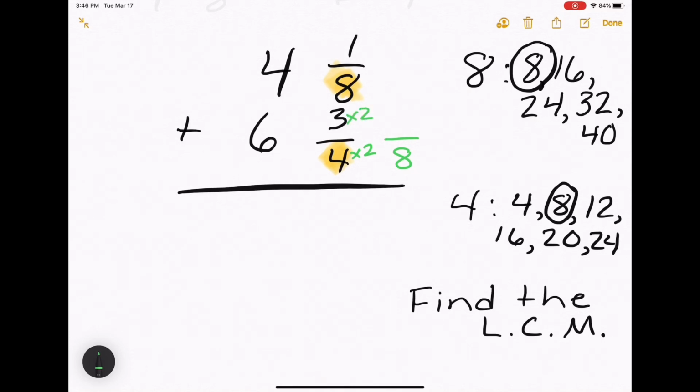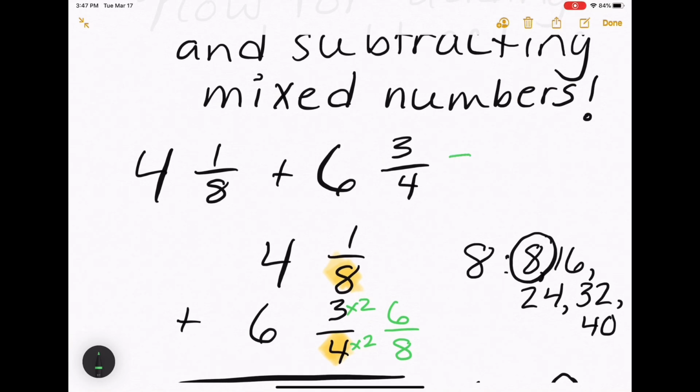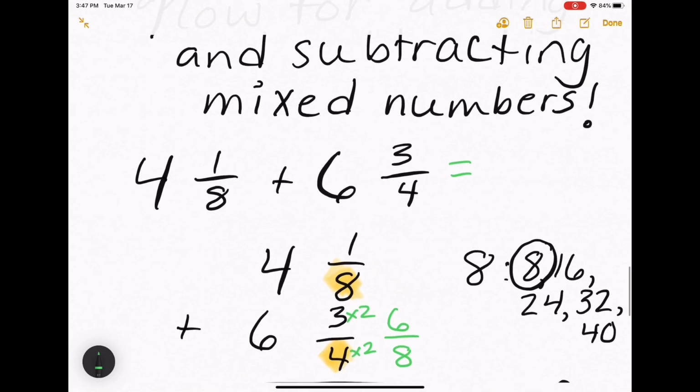So what I then do is I work out what I multiply my 4 by to get 8, which is 2, and I do the exact same to my numerator. Because 4 times 2 makes 8, I multiply my 3 times 2 to make 6, and then I go ahead and add 1/8 and 6/8. And my answer is 10 and 7/8. Make sure to start with the fraction when you are adding your mixed numbers.